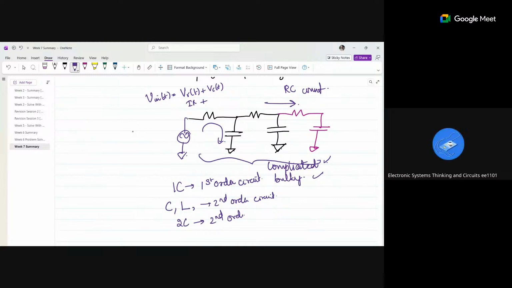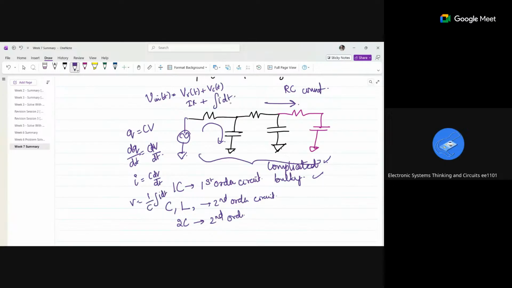We know Q is equal to CV. dq by dt is equal to C dV by dt. So this is nothing but current, C dV by dt. The voltage is nothing but 1 by C integral I dt, right?